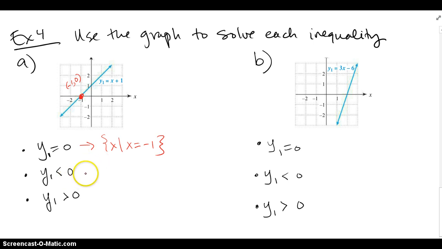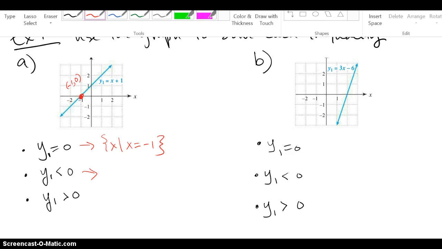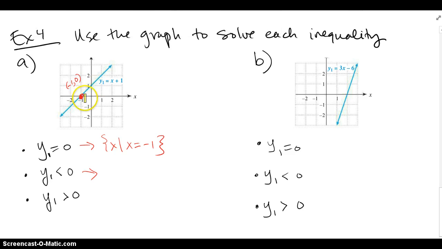The next piece says, when is y1 less than 0? In other words, when are all the y values negative? Because if they're less than 0, they must be negative. And I can look at my graph and analyze that this right here signifies all the y values that are less than 0.